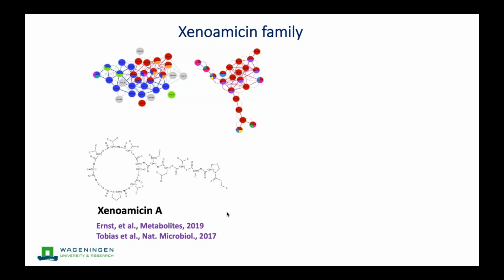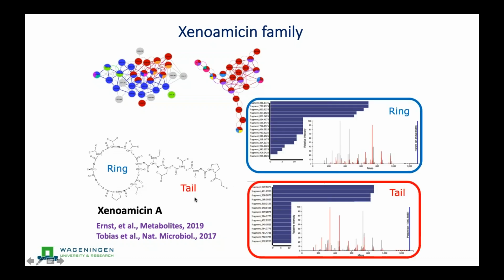Final example, from another data set from Photorhabdus and Xenorhabdus bacteria measured by Nick Tobias et al., where you can see this example of xenoamicin A, which is a cyclic peptide, which has a ring and a tail. These families are related because they share the presence of a motif over here. And actually, I could annotate this motif using the replicator and FarQuest annotations of the fragments.